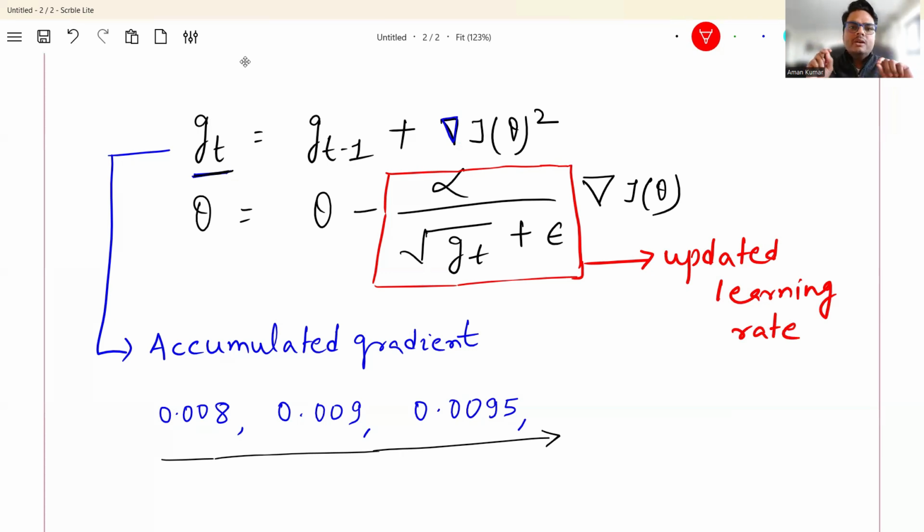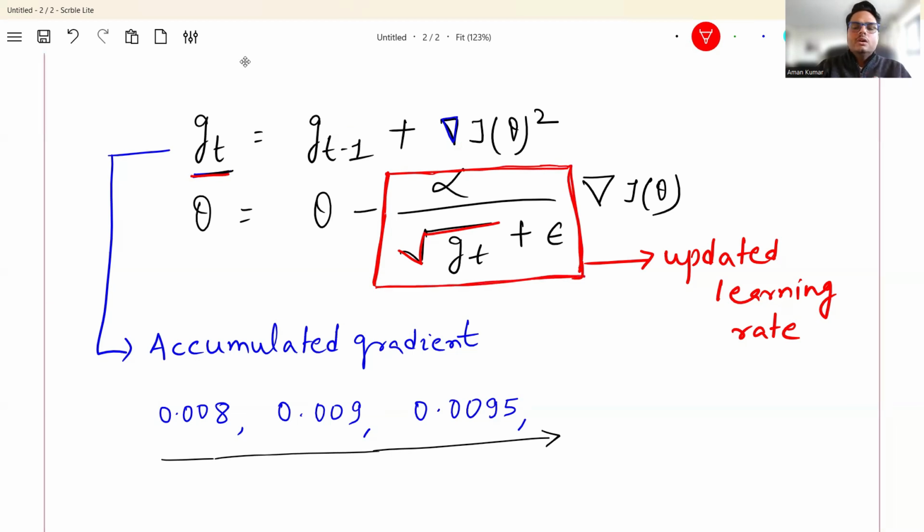Just visualize how we are updating the learning rate. We are increasing the value of g_t with every iteration. When that increases, the denominator value increases, and the value of this entire red box will decrease. Denominator increase means learning rate decrease.